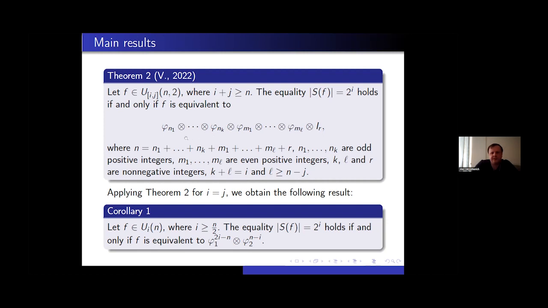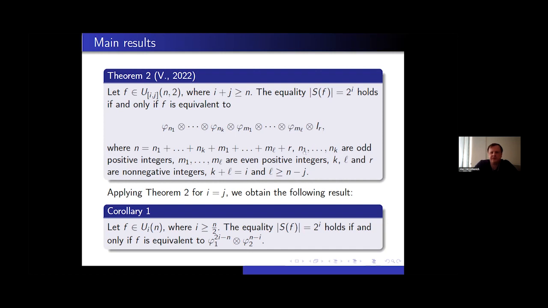In these tensor products, we have i functions of the first type and 1 or 0 functions of the third type.